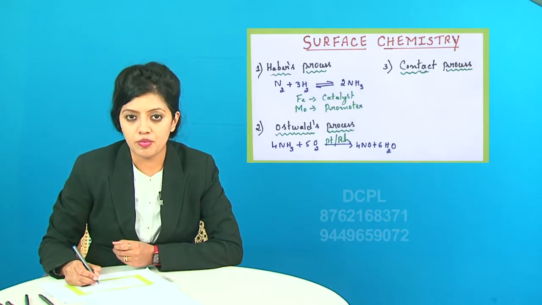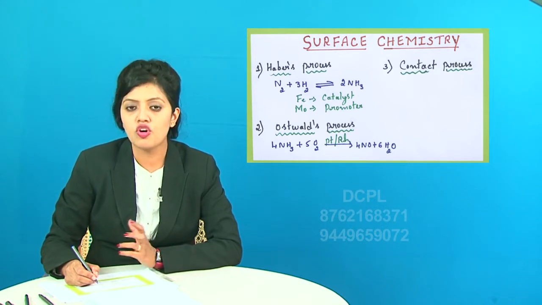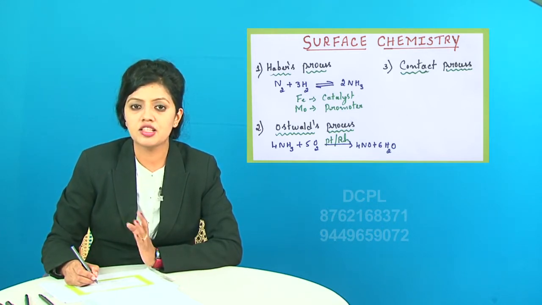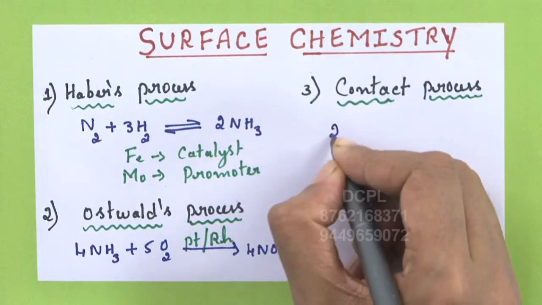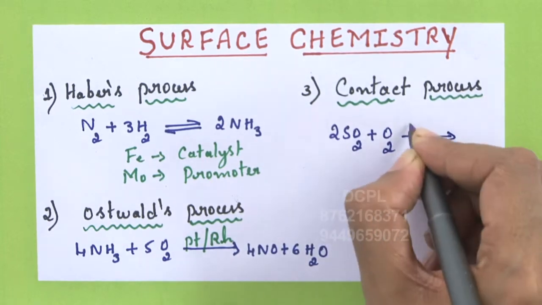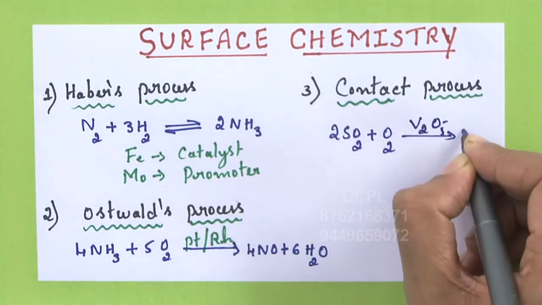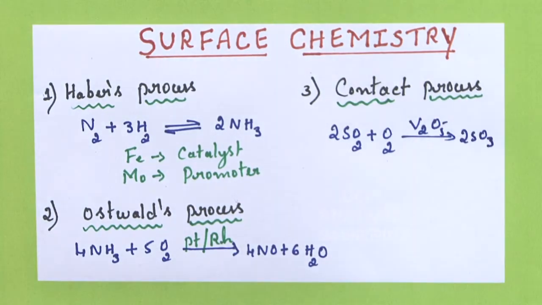And the key step is sulfur dioxide reacts with the excess of oxygen, forming sulfur trioxide in the presence of a catalyst vanadium pentoxide. That is 2SO2 plus O2 gives 2SO3 in the presence of a catalyst vanadium pentoxide.